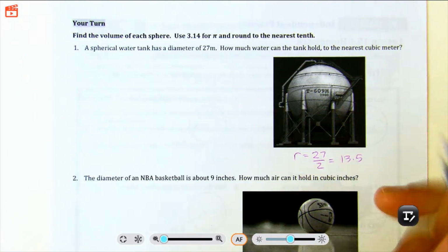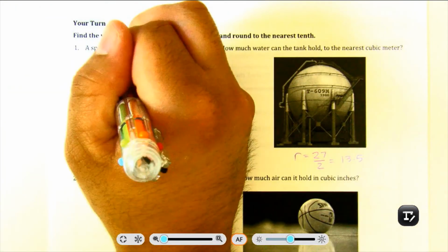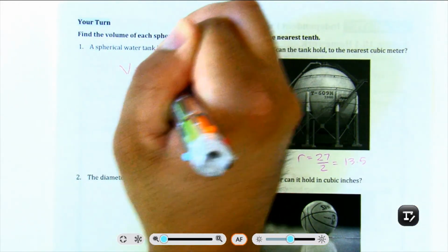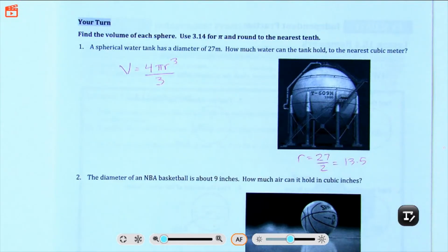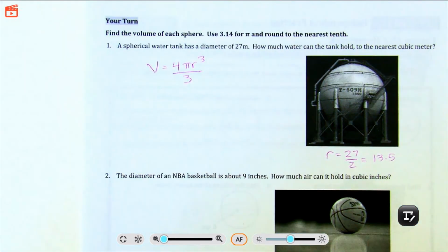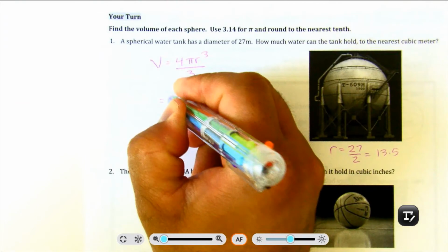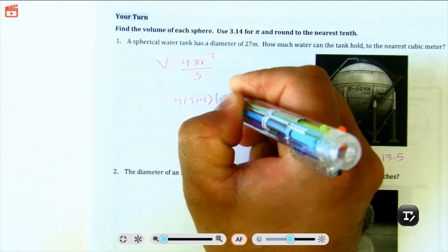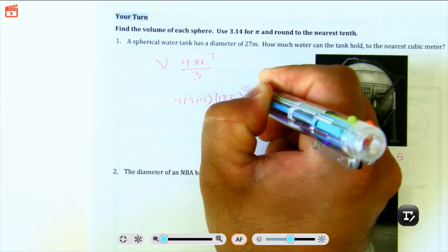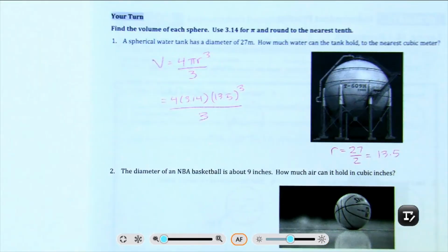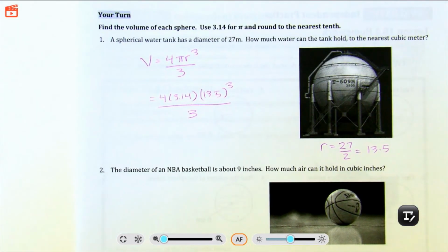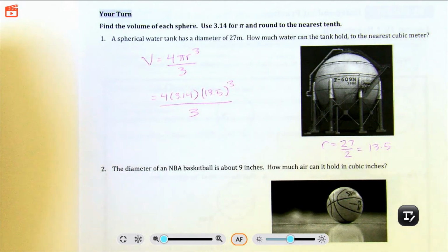With my formula, remember the formula is 4 pi r cubed all divided by 3. I'm going to have 4 times 3.14 times 13.5 cubed all divided by 3. By now you should feel comfortable typing all of this in the calculator at one time, and that will help with your speed of doing these problems.